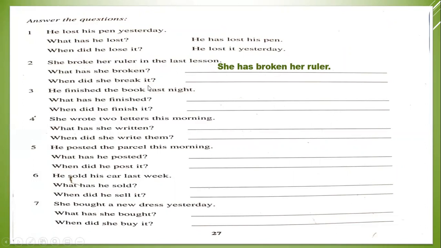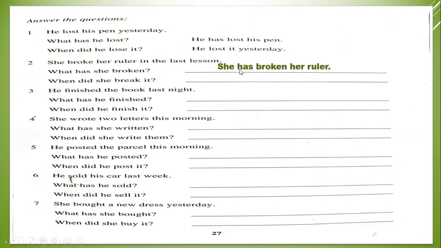When did she break it? When there is the word did, then in the answer, as I told you, we write the second form, broke. But with has, broken. Please be careful and concentrate on what I'm saying. When in the sentence you are using the word has or have, the verb form should be the third, the past participle, broken.